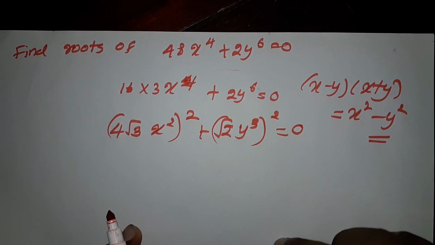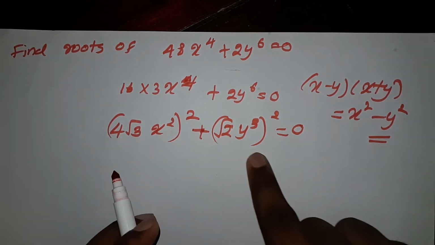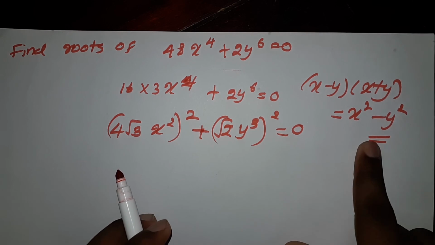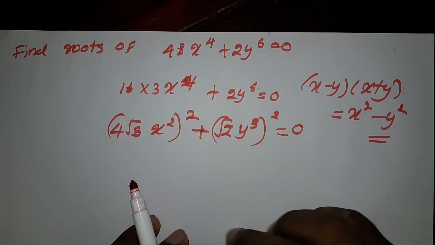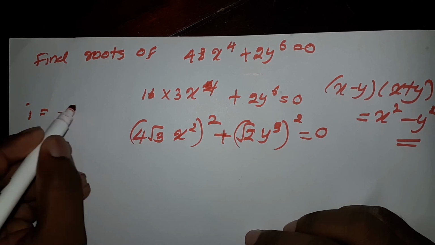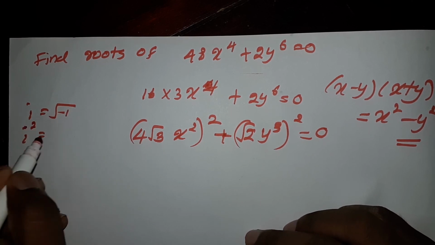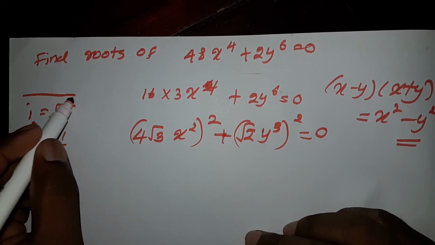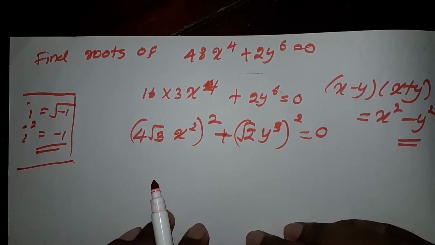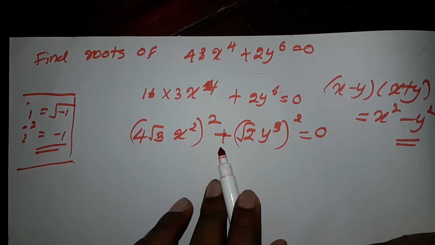Now all I have to do is change this sign over here, and this expression would match the form of this expression. So again, you know that i is nothing but the square root of minus 1. So if I square i, that becomes minus 1. With that in mind, I can say that the positive plus sign is nothing but minus into minus.